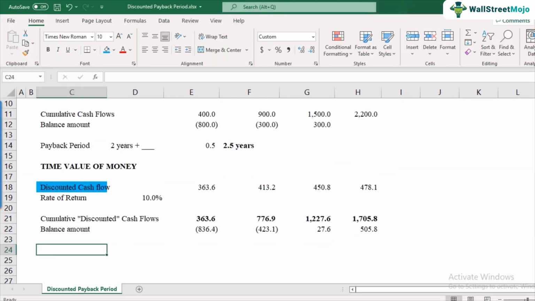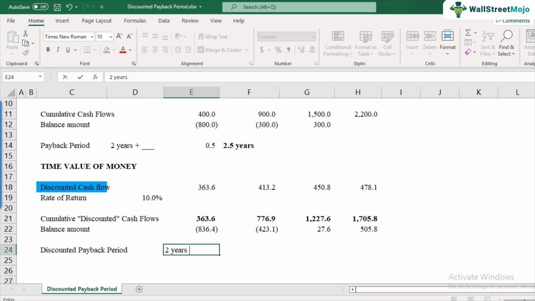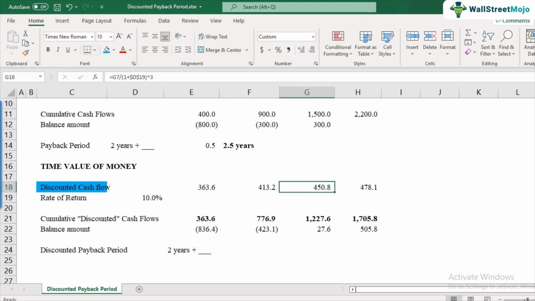So the discounted payback period comes out to be 2 years plus some fraction, right? Now look at this. We essentially are recovering $450 in year 3, and we have to recover 423.1 out of that. So how much time will it take?